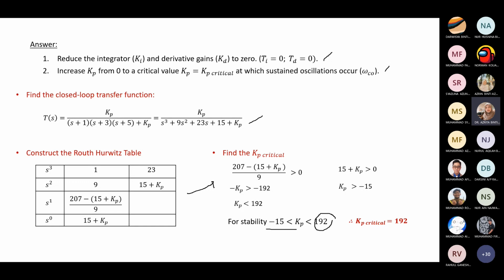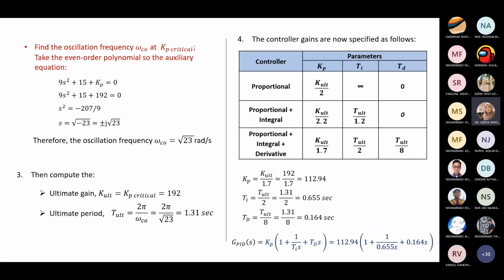And then we find the omega c naught. So we always refer to the row of S power of 2. From this row, our equation becomes 9 S power of 2 plus 15 plus Kp. And then Kp here is replaced with the value of Kp critical.